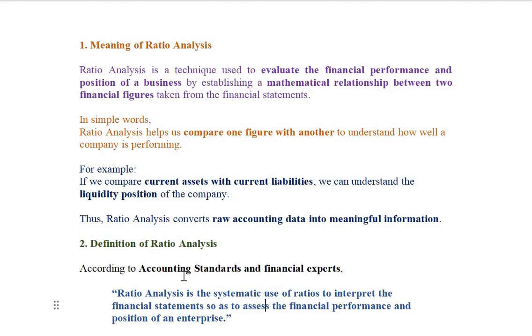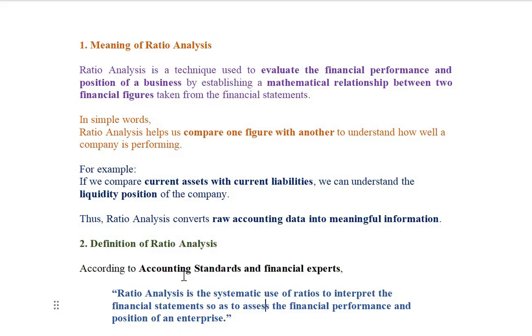A financial statement consists of the trading account, P&L account and balance sheet, or we can say the income and expenditure statement and balance sheet. In these statements, we are using various financial variables. It may be expenses or income, liabilities or assets.